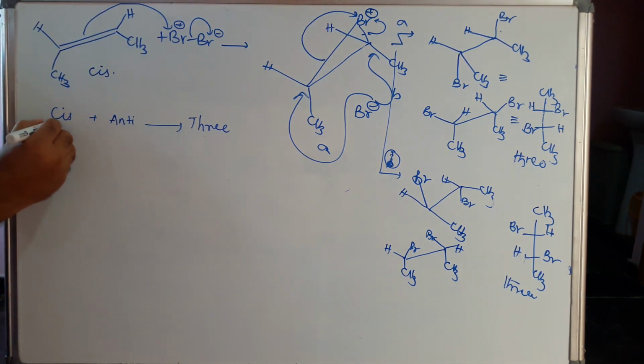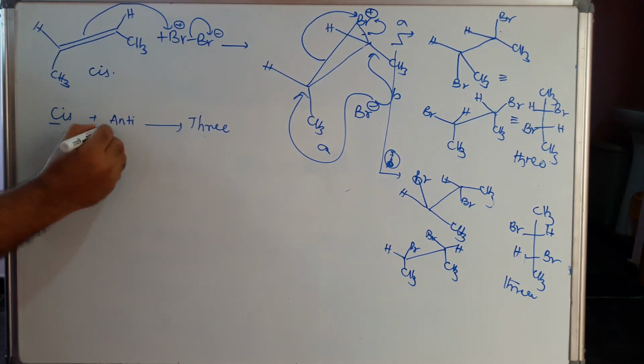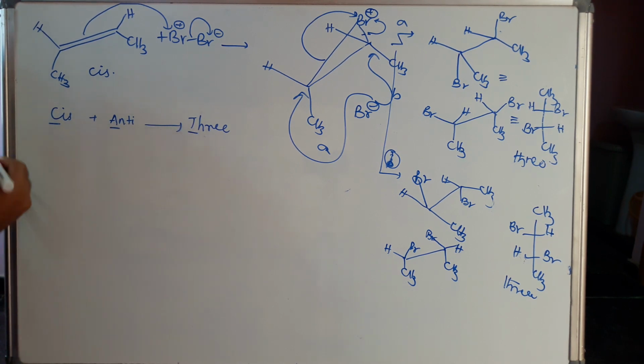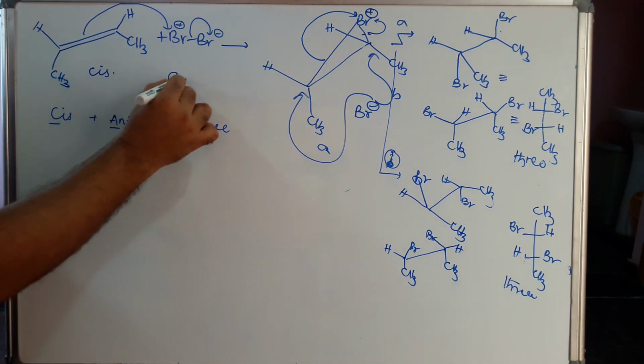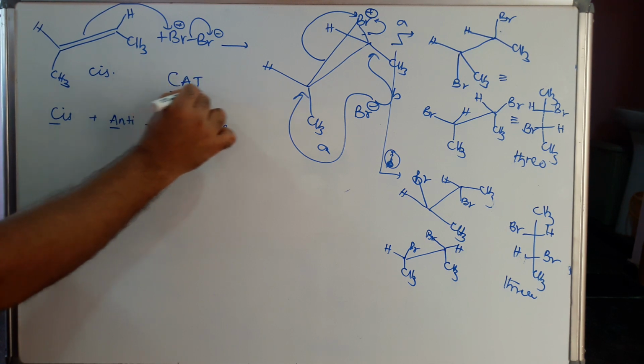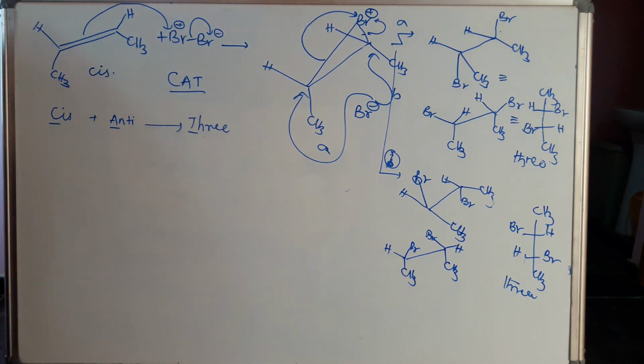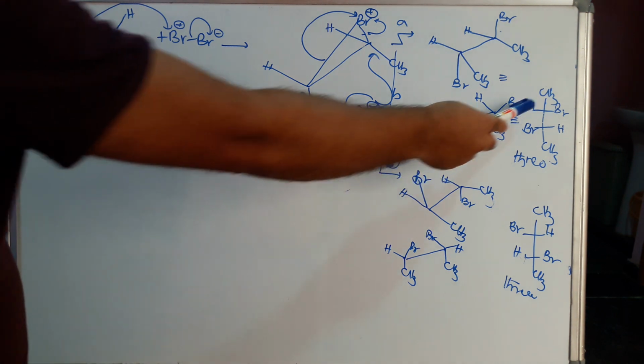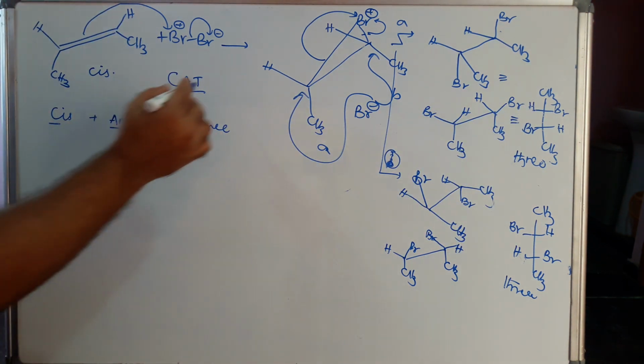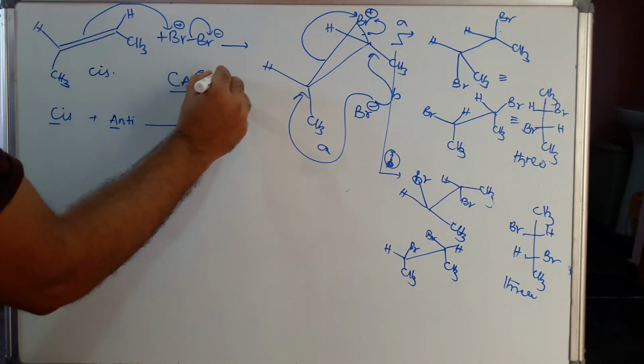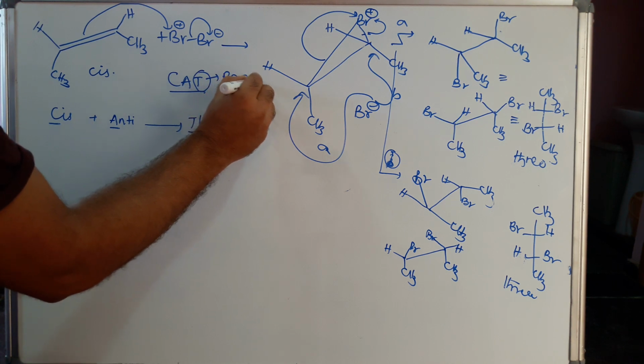If you take the first letters, C, A, T, all together we get CAT. So how to remember it for competitive exams? CAT: cis alkene anti-addition gives threo form. The threo form gives two enantiomers, that is a racemic mixture.